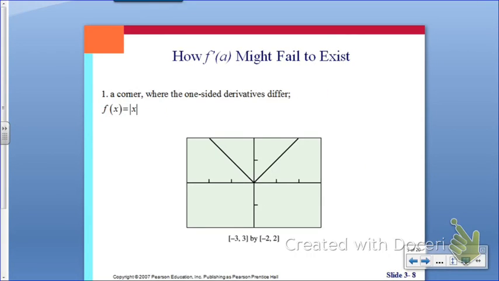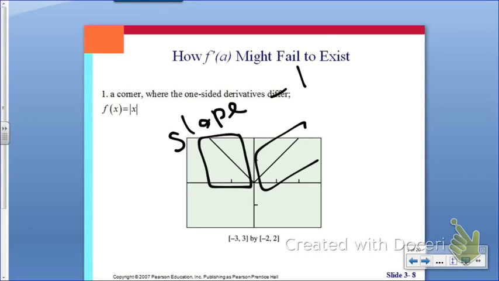First, a corner, where the one-sided derivatives differ. Remember when we looked at the absolute value function and defined it as a piecewise function? The first half of the function is x, the other half of the function is defined as f of x equals negative x. Remember that the slope of one side of the function was negative 1.